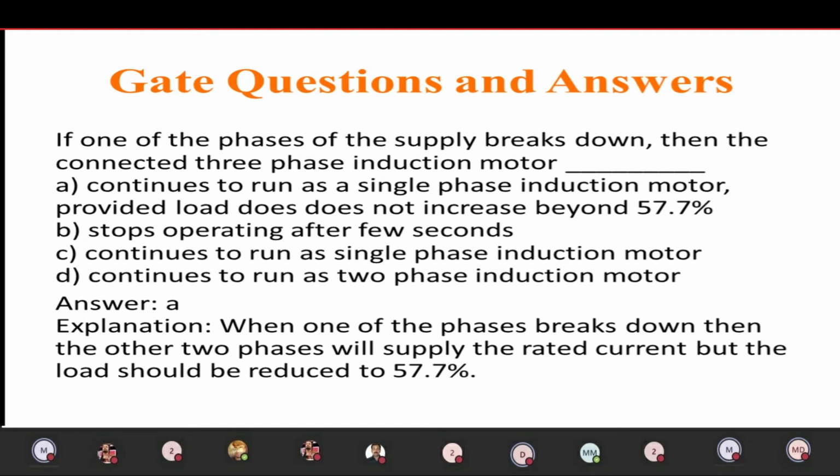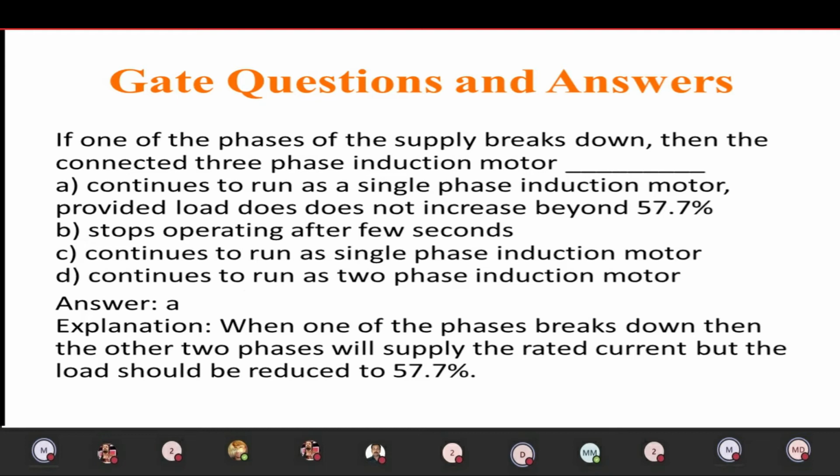Due to some reason, one single phase is open. There is no supply in that one phase. Due to that, the machine continues to run as a single phase motor, because we are providing just two supply lines.